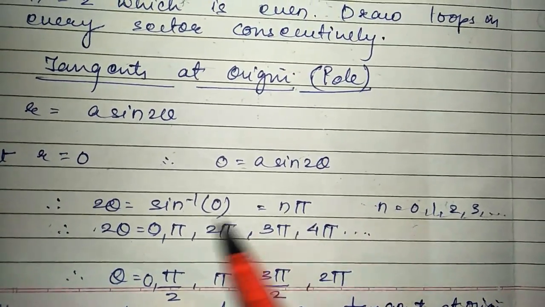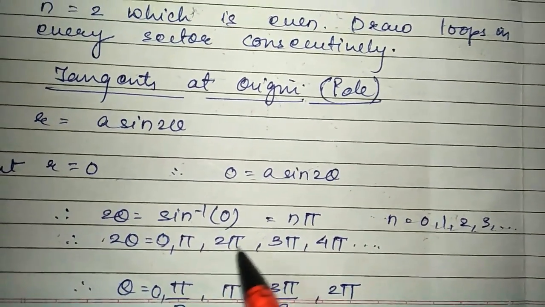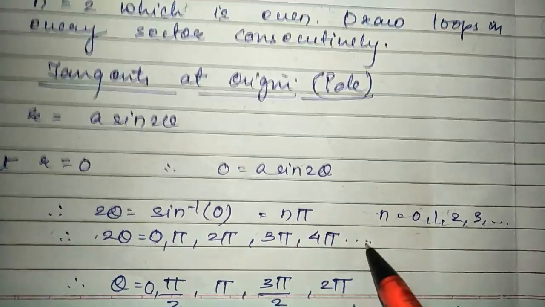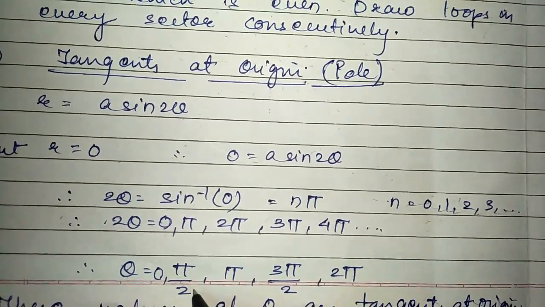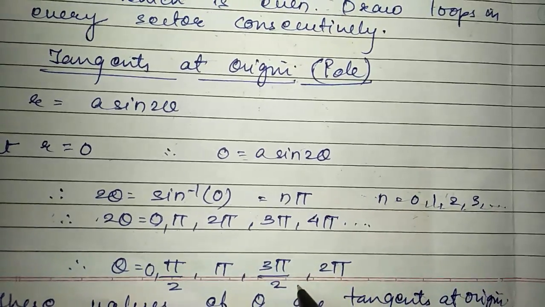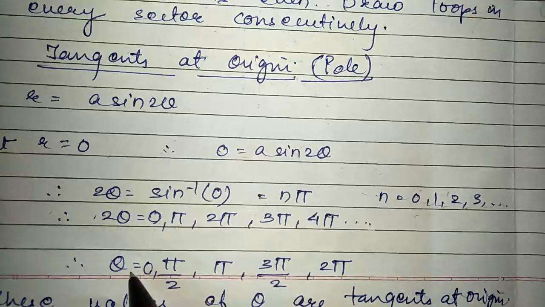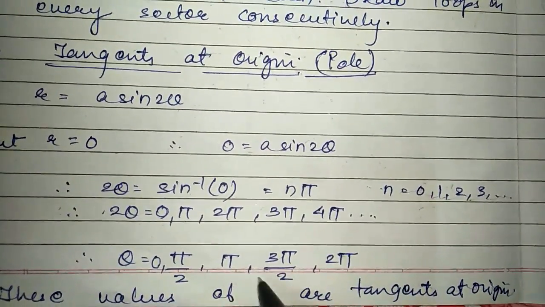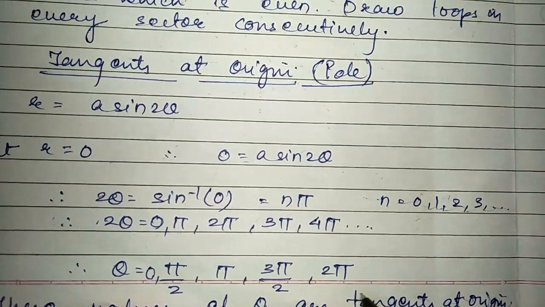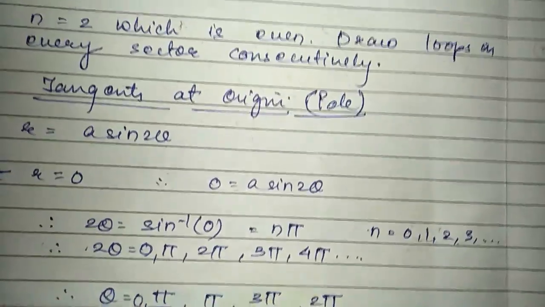If n is 0, it will be 0. If n is 1, it will be π, then 2π, 3π and so on. So the value of θ will be 0, π/2, π, 3π/2, 2π and so on. What does this represent? These are the values of θ which are tangents at the origin. We'll see it while tracing the curve.